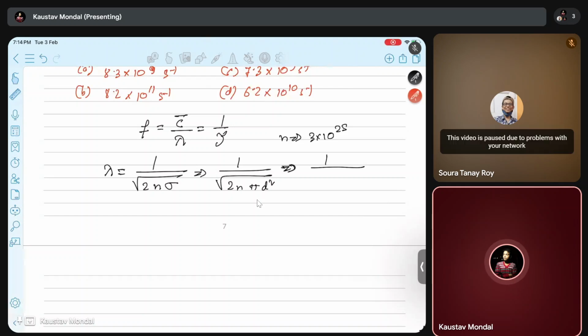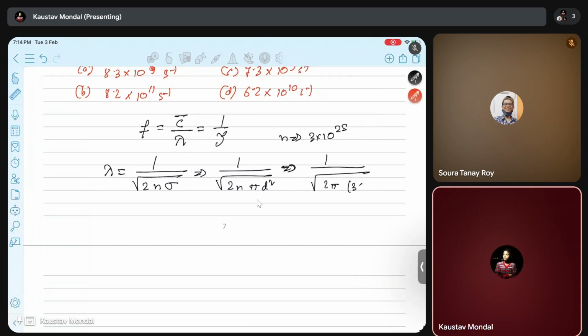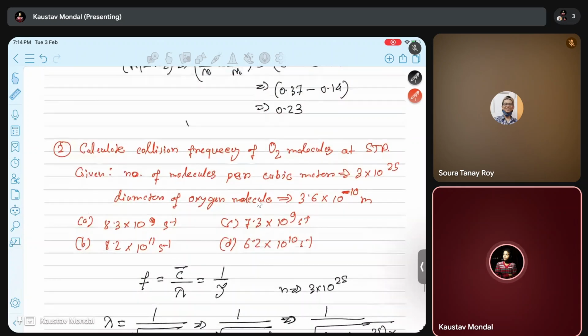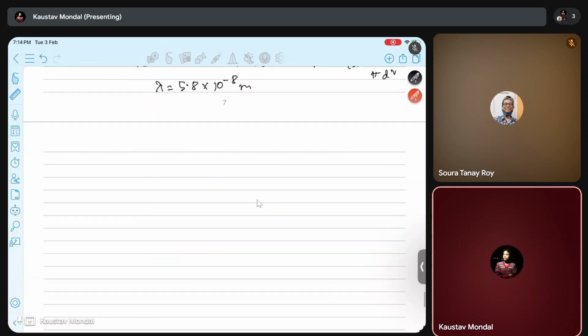So from that you can easily calculate this lambda. Now if you calculate it, it will give some value, 5.8 into 10 to the power minus 8. So be careful about the units. Here everything is in SI units, so try to use meter.